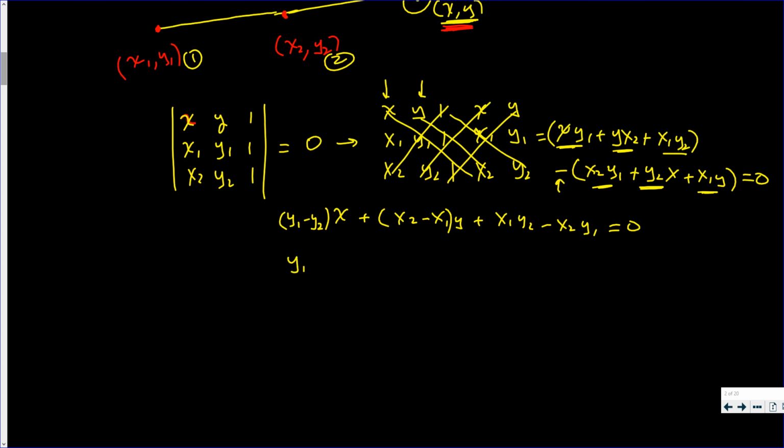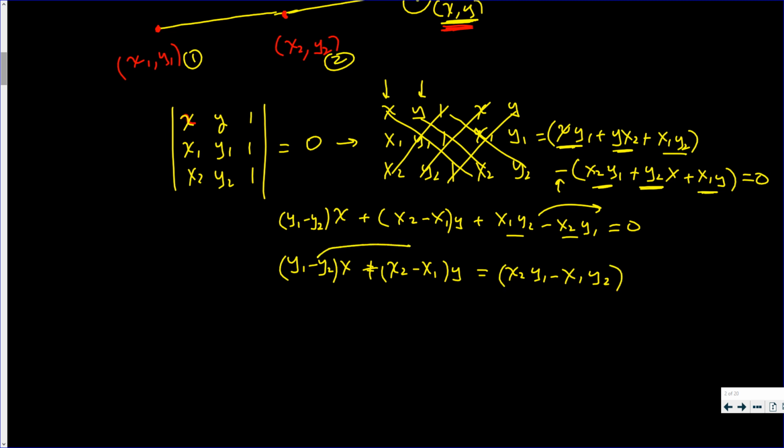That is, y1 minus y2 times x plus x2 minus x1 times y, plus the constant. I'll bring these to the other side. So I get x2, y1 minus x1, y2.